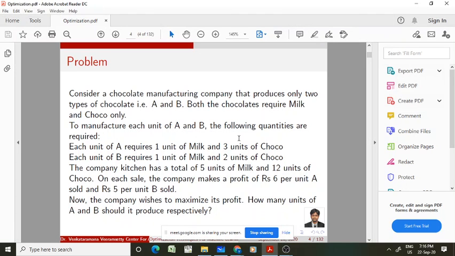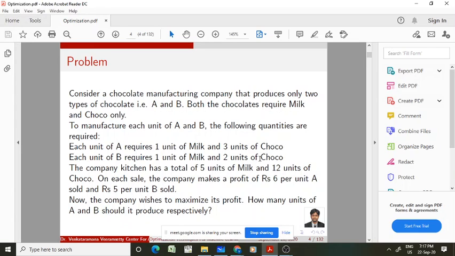Are you able to see this screen? This is the example for the optimization problem which is in front of you on the screen. The problem is, consider a chocolate manufacturing company.